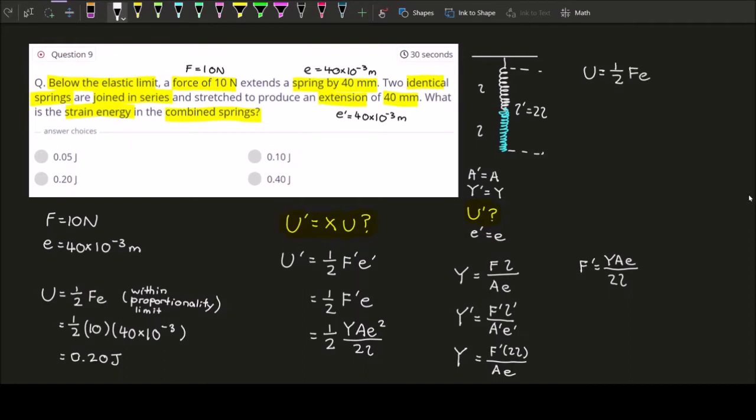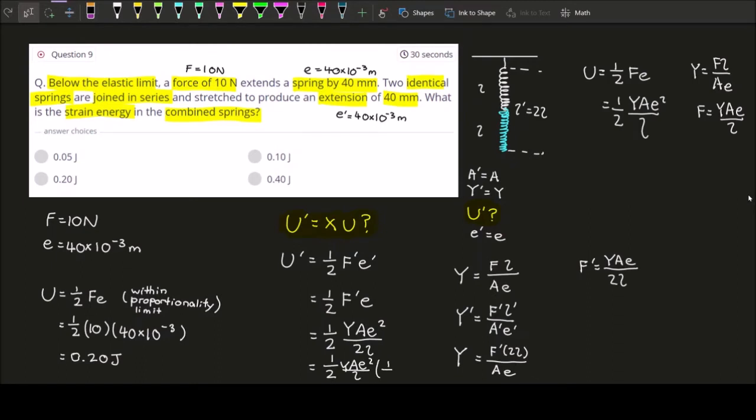If you want to change, you can change it based on Y equals to FL over AE. So now if you change in accordance to F, then it becomes YAE over L. So if you substitute this inside, then it will be half YAE squared over L. Okay, with that said, I believe you can see what I'm trying to lead here. You go back to here, take out the things that is related to the old one.